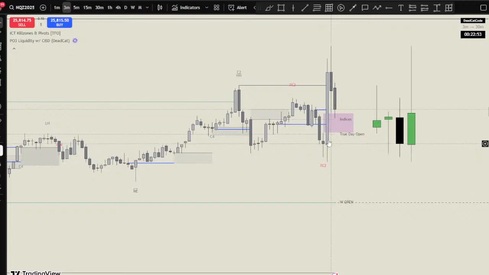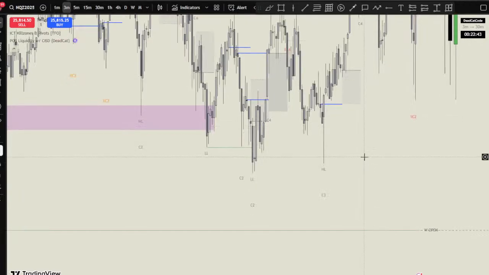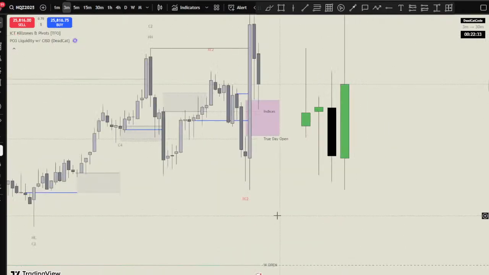So let's go through some potential targets if we take this play. Well, do we have any equal lows? No, but we have some obvious lows, right? Like some lows where, look how big this wick is. It's just something where you want it to get taken out.